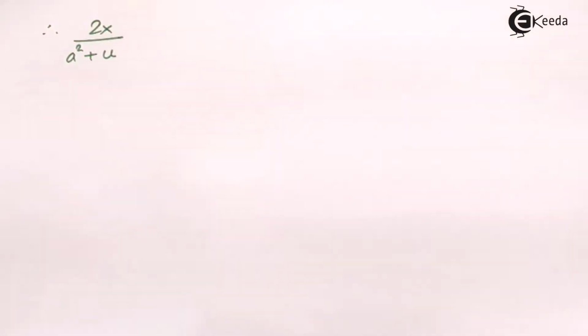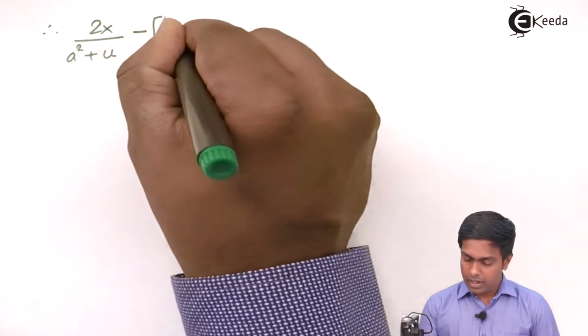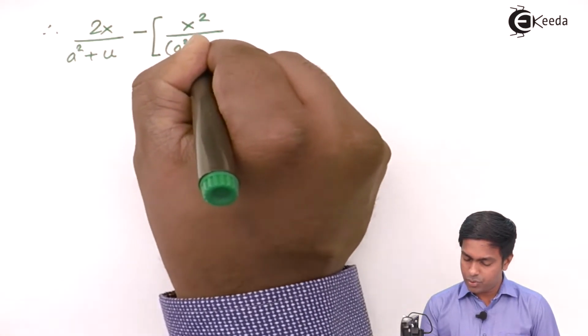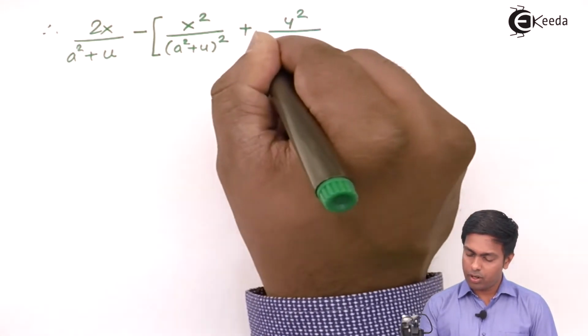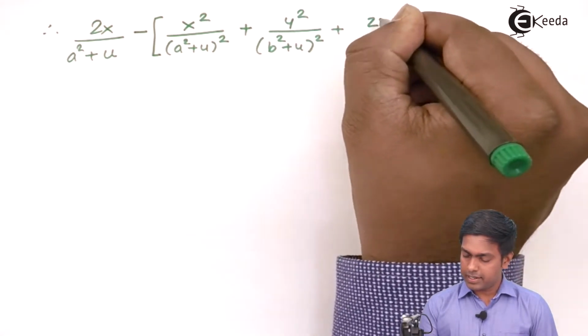So here it is negative, inside the bracket, x square upon a square plus u the whole square plus y square upon b square plus u the whole square plus z square upon.